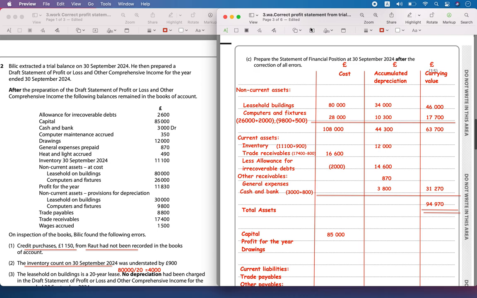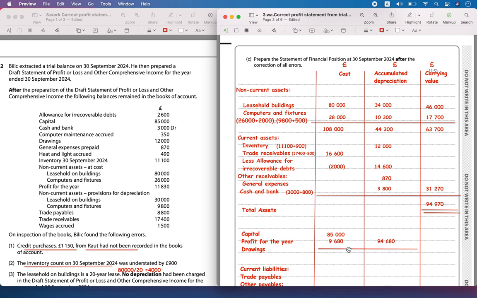So let's put that revised profit, 9,680. Now let's add up these two values. So it is going to be equal to 94,680.